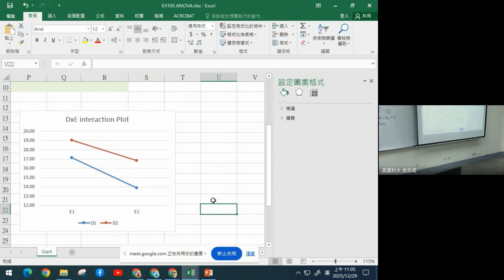OK，假如现有交叉，那个是有交互作用，没错，而且它是哪一种交互作用？对，反向。How about what does it look like if there is no interaction? Yes. If they are parallel, which means that DE has no interaction. So these two lines is not parallel, but very close to parallel. So you will say that even though there is interaction, the interaction will be very small, right?